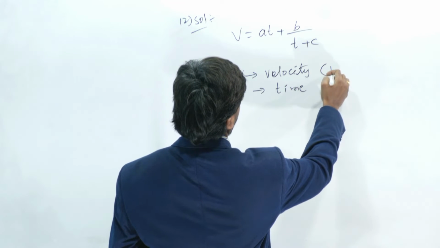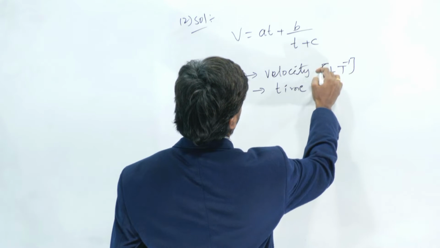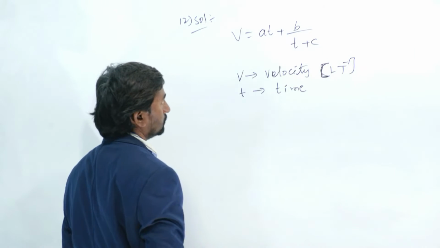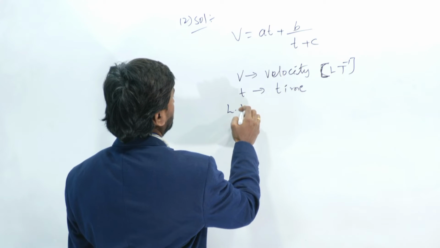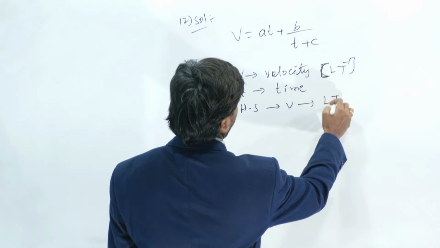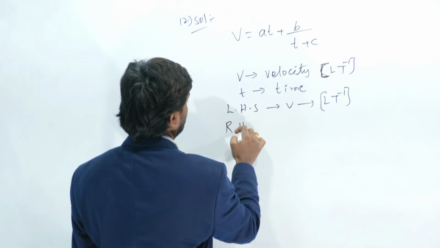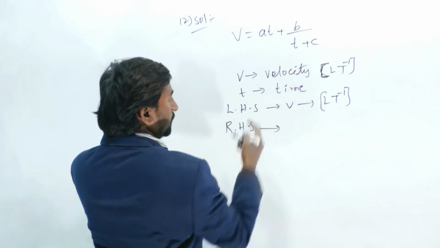So velocity has the dimensional formula L T power minus 1. On the left-hand side, V has the dimensional formula L T power minus 1. On the right-hand side we have a and t.